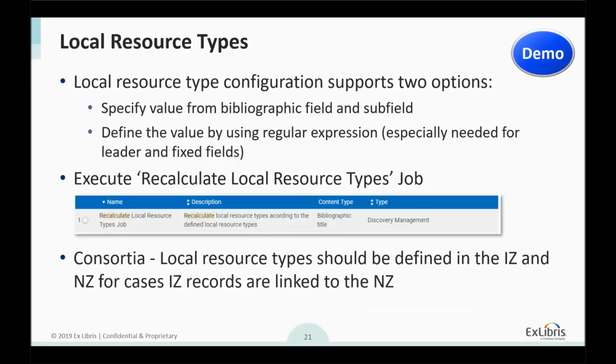So if a record fits this condition, it will get this local resource type. And for leader and fixed fields, which don't have a subfield, we have the option to create the local resource type by using a regular expression. I will show you the configuration in a minute.